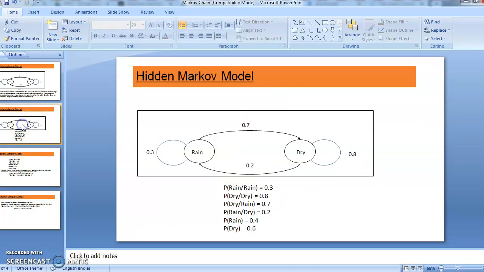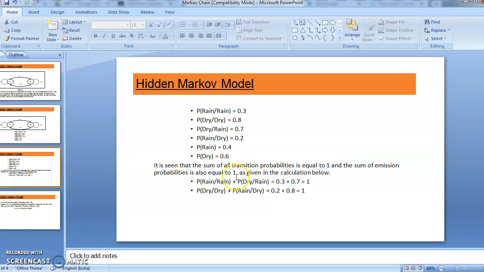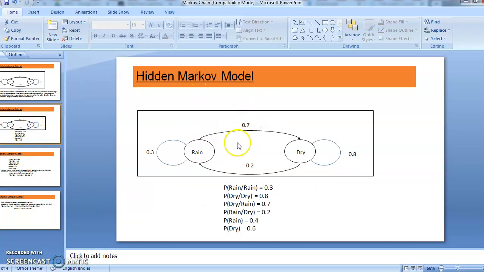Whenever such an example is given in the question paper, at any hidden node, in simple language, the sum of the outgoing probabilities is always 1.